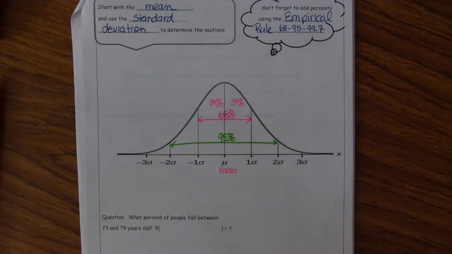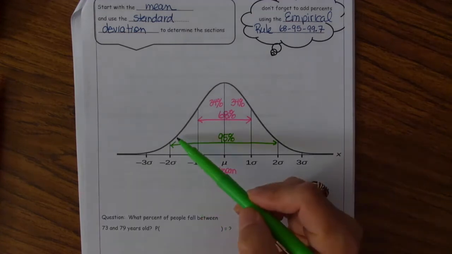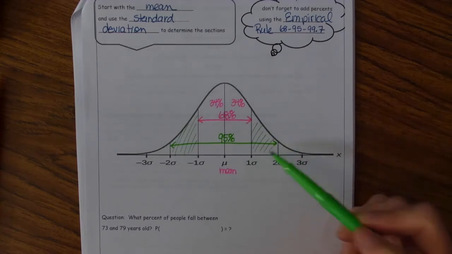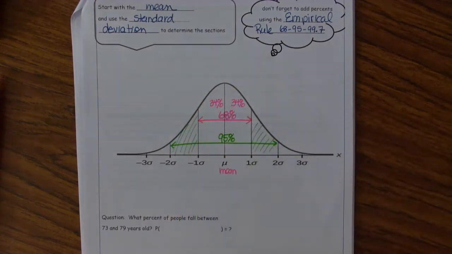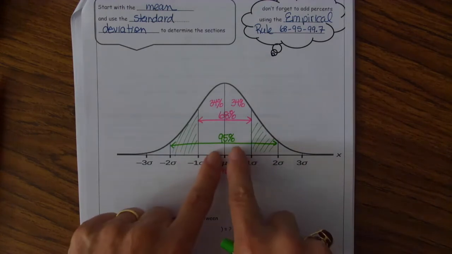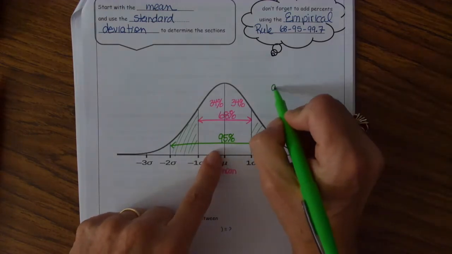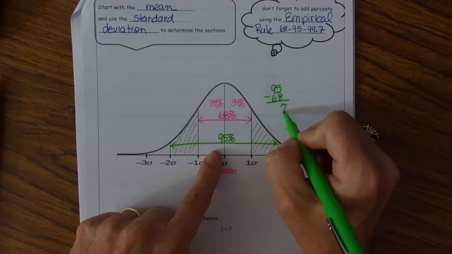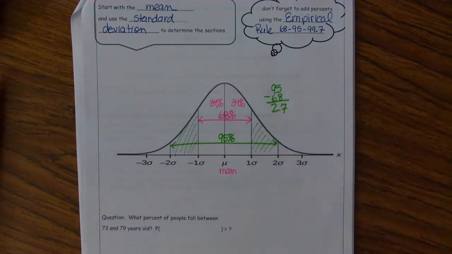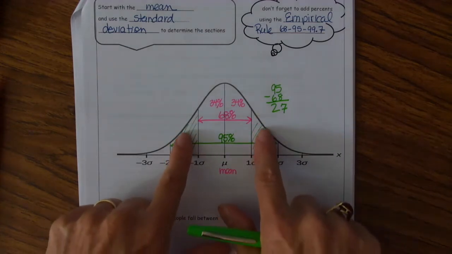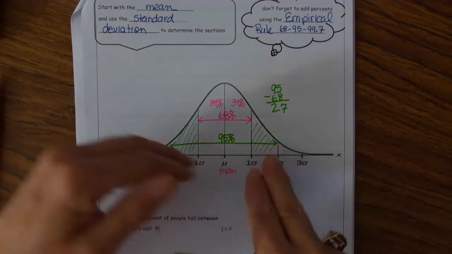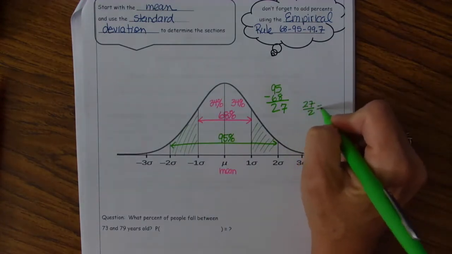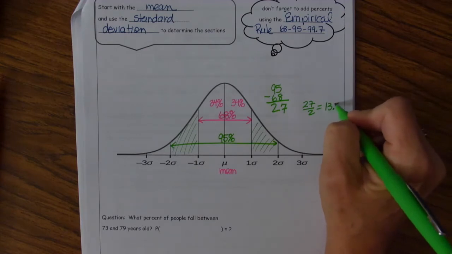Now, if this is 95%, right, what's left for these areas right here? We've already used 68% in the ones that I left white. So what's 95 minus 68? 27. So that means 27% fit in here, but half are above and half are below. So what does that leave for each side? 13.5.